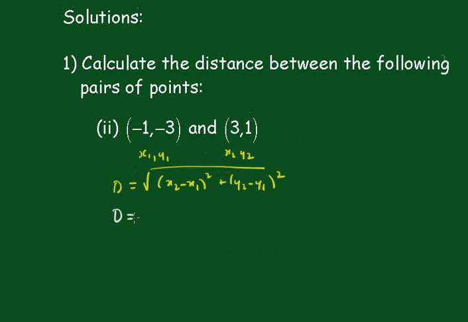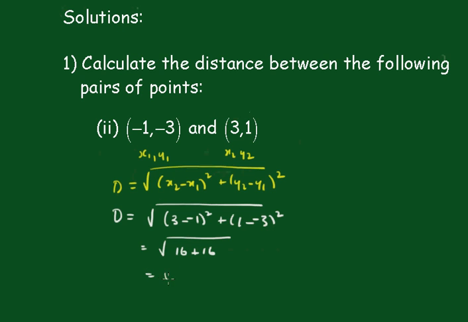So the distance is equal to 3 take away -1 squared plus 1 take away -3 all squared, and it's going to be 16 plus 16, which is the square root of 32, and of course that's equal to the square root of 16 times 2, which equals 4√2 units.